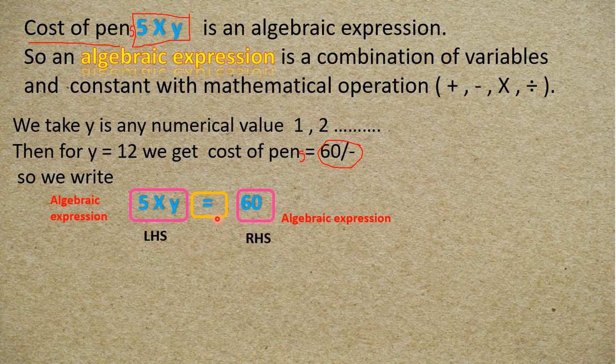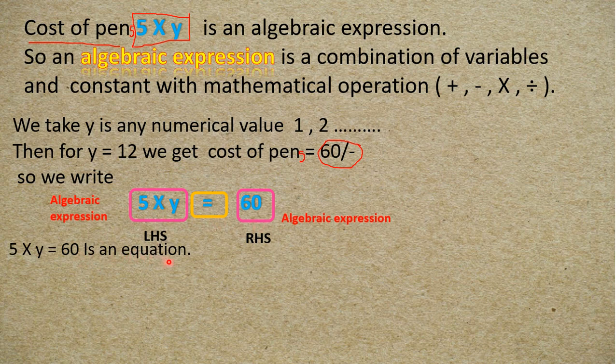So the equation contains two sides, left hand side and right hand side, but both are the same, as the two expressions are equal. That means the values of the right hand side and left hand side are also equal. So here 5 into y is equal to 60.